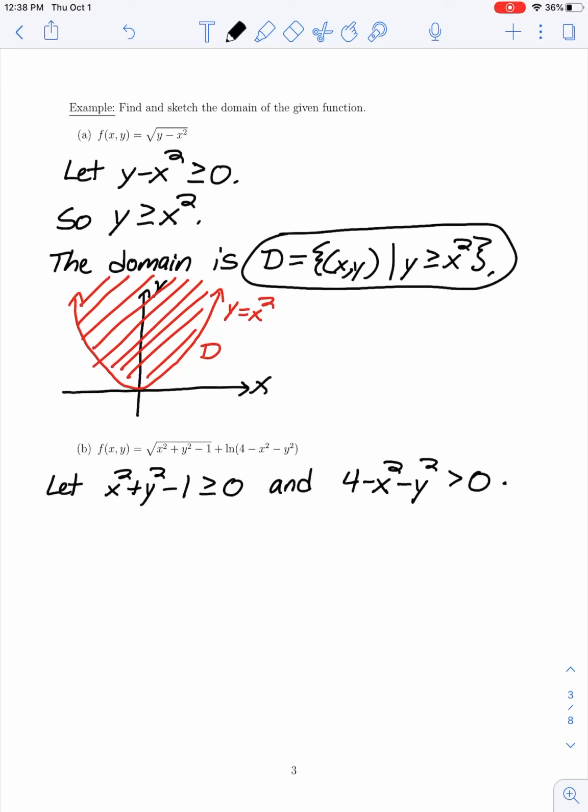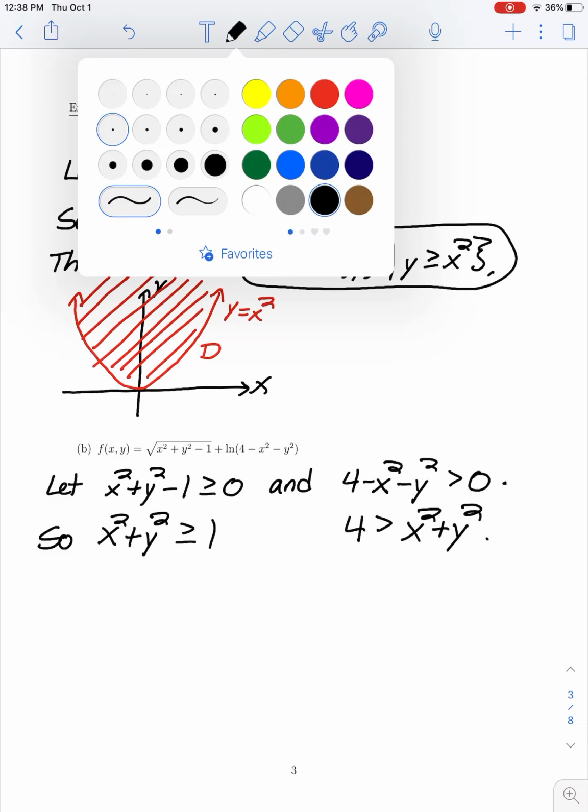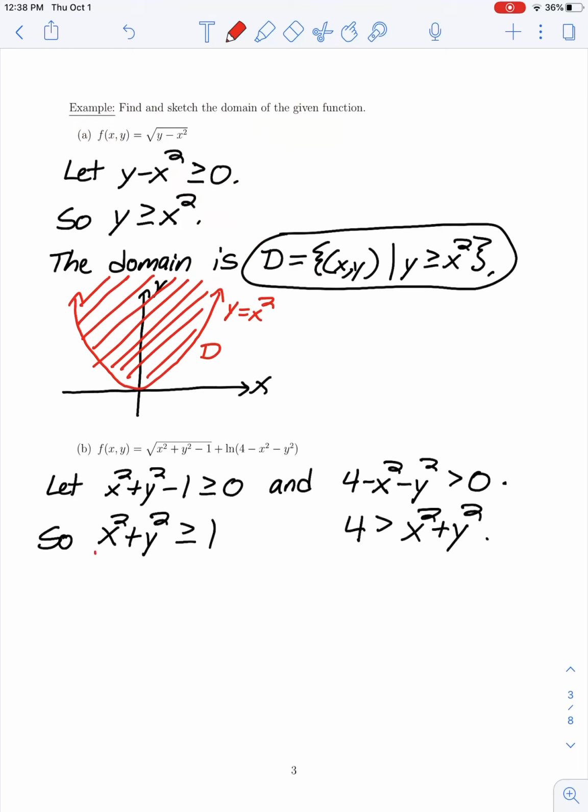So solving both of these inequalities, I would have from the first inequality, x squared plus y squared has to be greater than or equal to 1. And solving the second inequality, I would have 4 has to be greater than x squared plus y squared. So notice that we have from our two conditions restrictions on the sum of x squared plus y squared.